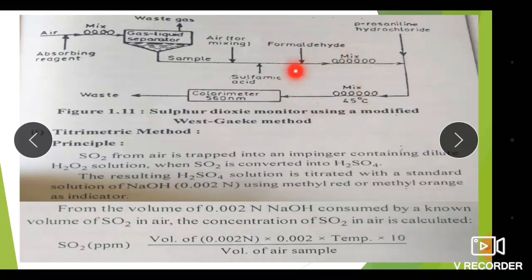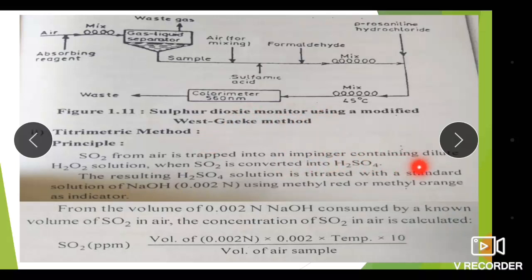We will get the dye here, and after getting the dye we go for the colorimetric measurement, and we will get the absorbance. So this is the West-Gaeke method for the determination of SO2. Another one is the titrimetric method for SO2.